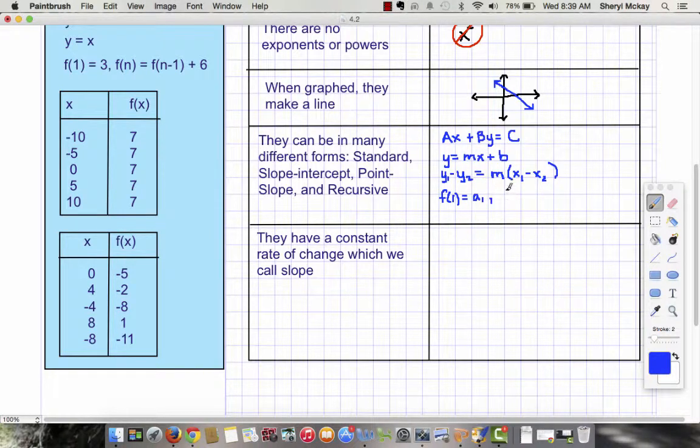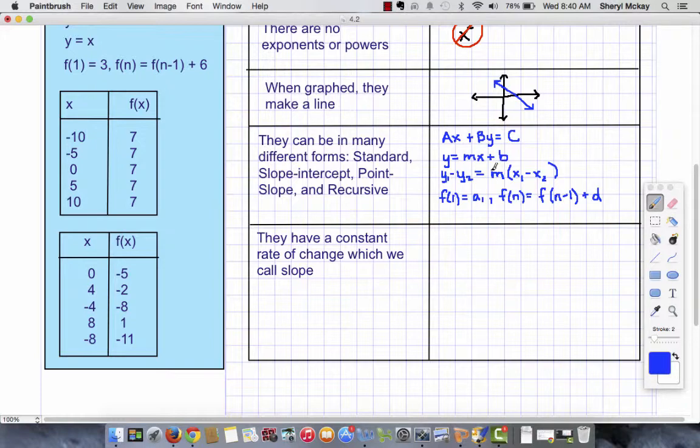And then we say f of n equals the previous term, f of n minus 1, plus the constant difference. And we're going to find out that that constant difference is very similar to our slope, okay? So there are many different ways that we can represent a linear function, okay?